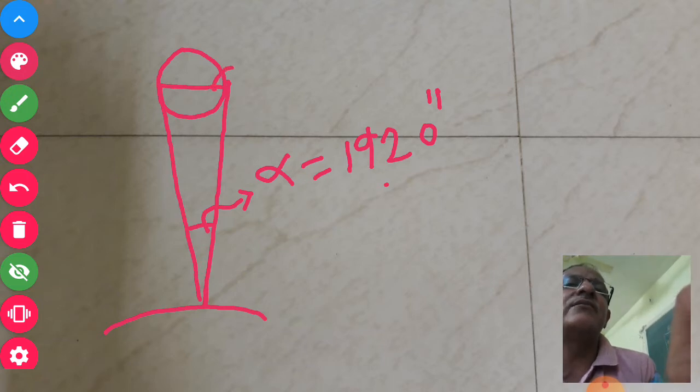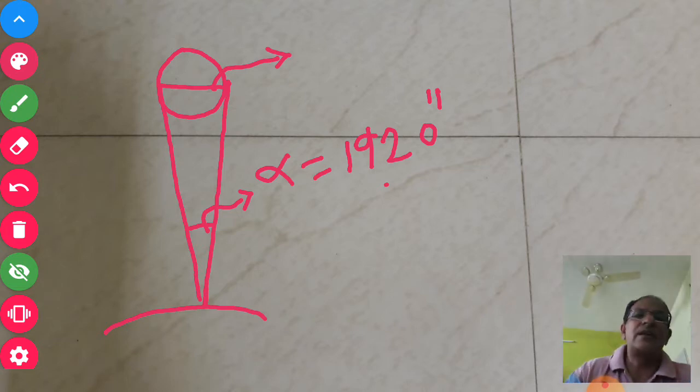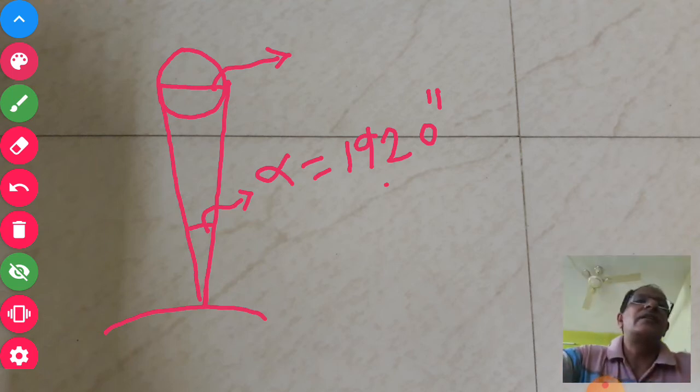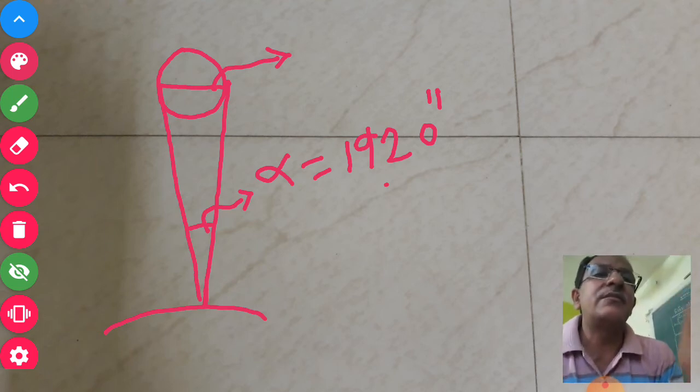You are viewing the two edges of the sun from this point, and this angular diameter, or we can say this angle, is known to you, and that angle is 1920 seconds. We want to find out this value, that is its diameter, denoted here by say D. Diameter D is to be calculated.